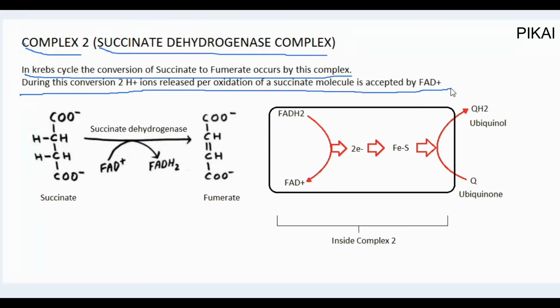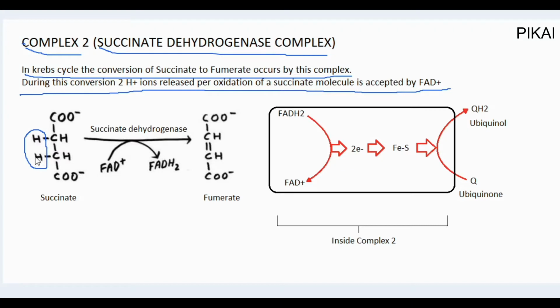So in the Krebs cycle there is simply a conversion of succinate to fumarate, and during this conversion there is liberation of hydrogen. That is why it is named the dehydrogenase complex, where the dehydrogenation process is occurring.